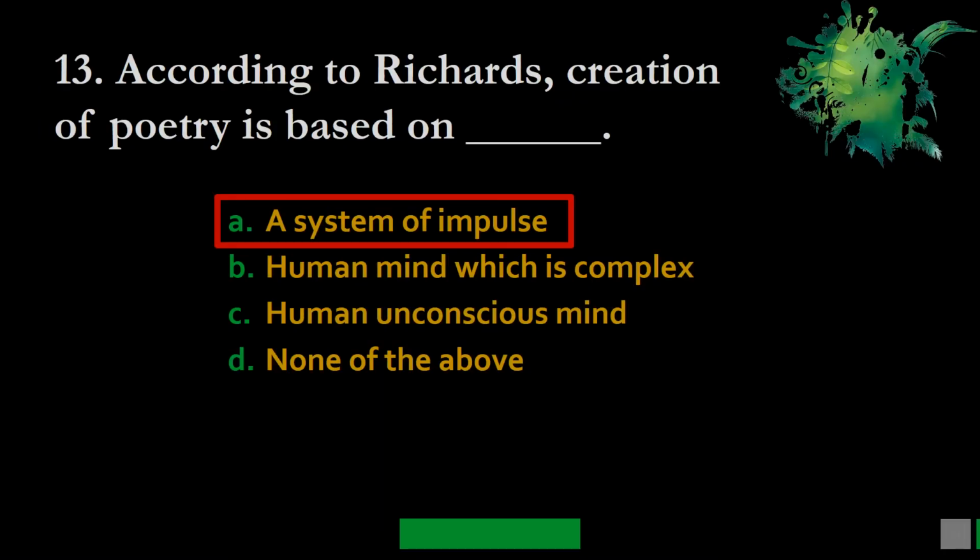And here we find the focus is shifted from other things to psychology in I.A. Richards' criticism, in I.A. Richards' theory of poetry. Hence the system of impulse is nothing but the working of the human mind, which is given more significance by I.A. Richards in the composition of poetry or in the composition of literature. So this thing also you should remember.